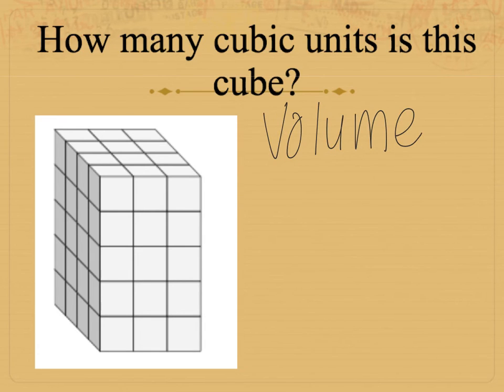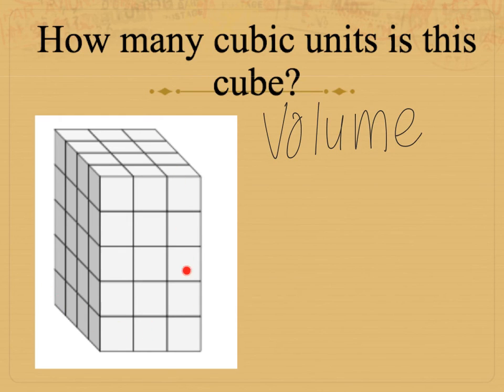So 1, 2, 3, up to 28, see I'm counting this row, 29, 30, 31, 32, I counted this row, 33, 34, 35, 36, that was this one, 37, 38, 39, 40, that was that row.